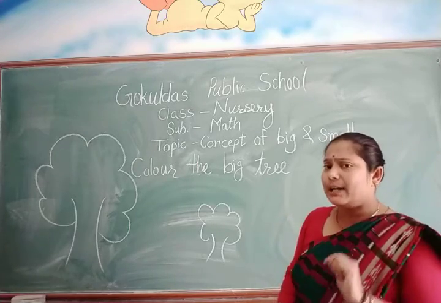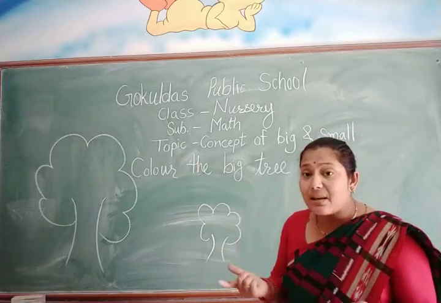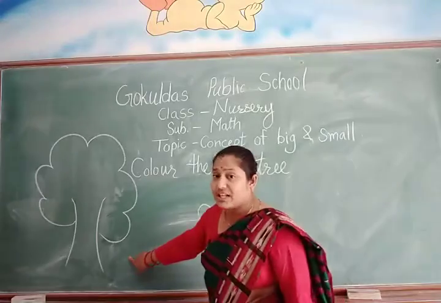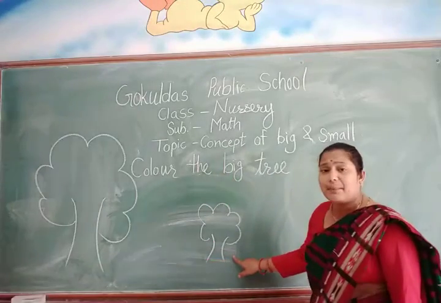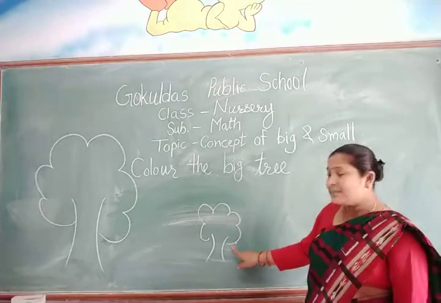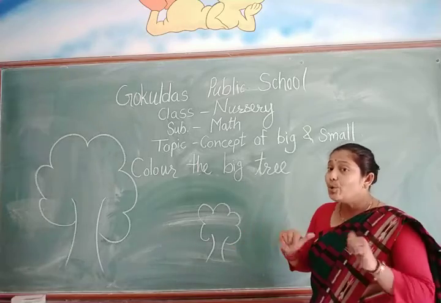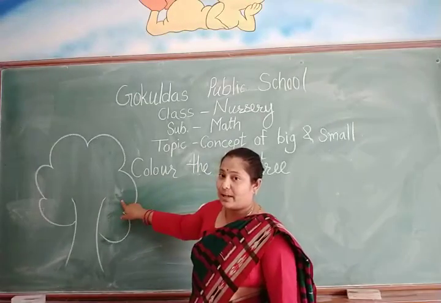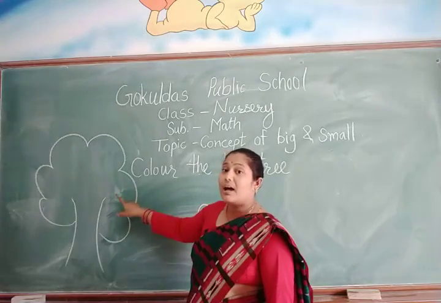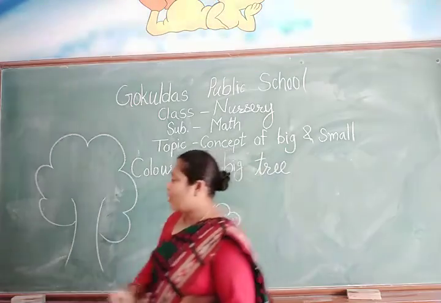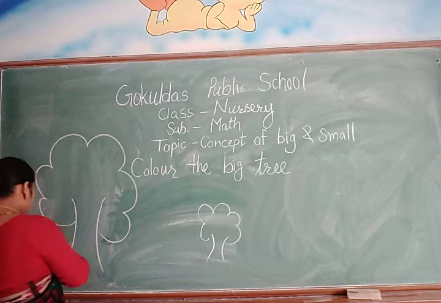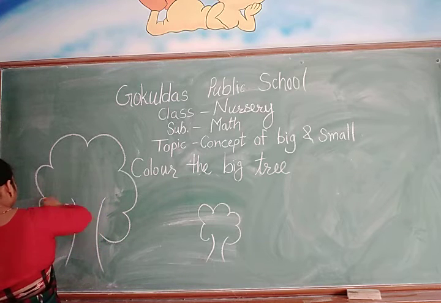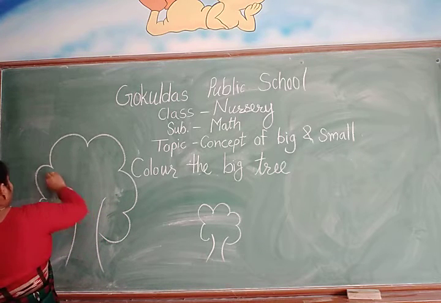So first you identify which tree is a big tree. This tree is a big tree or this tree is a big tree? This is a big tree. Okay. So we do color on them. इसमें हमें कलर करना है. See here. You also do color.